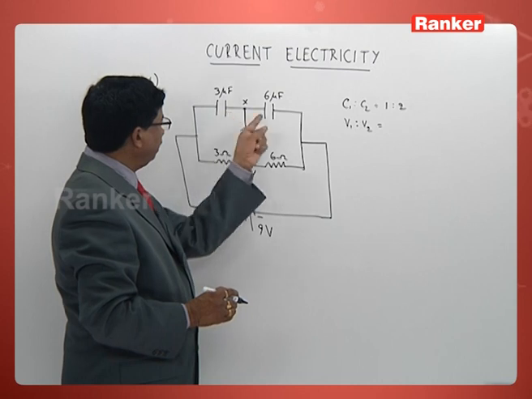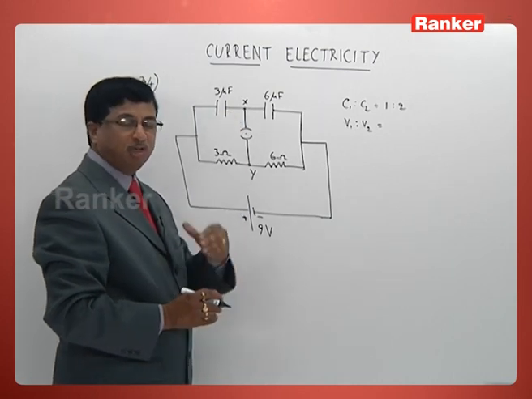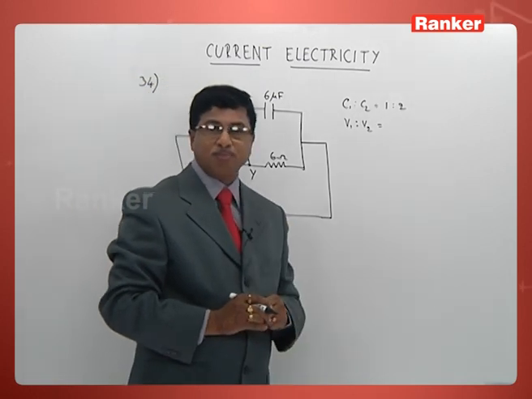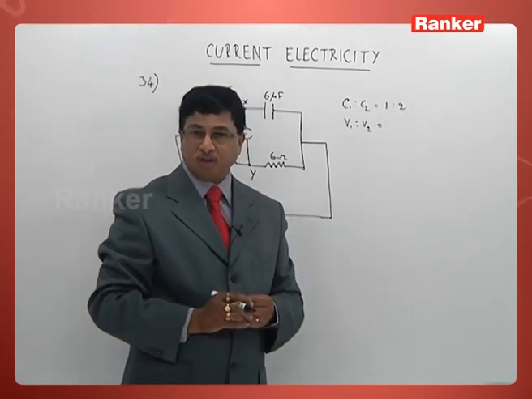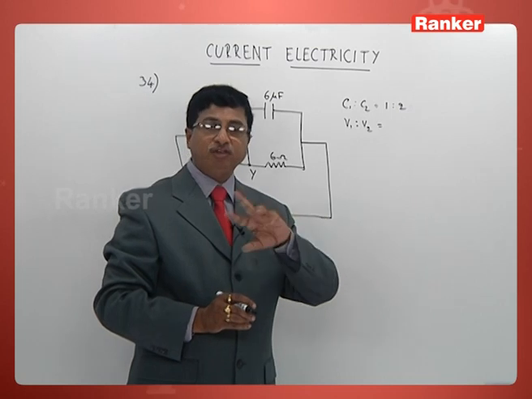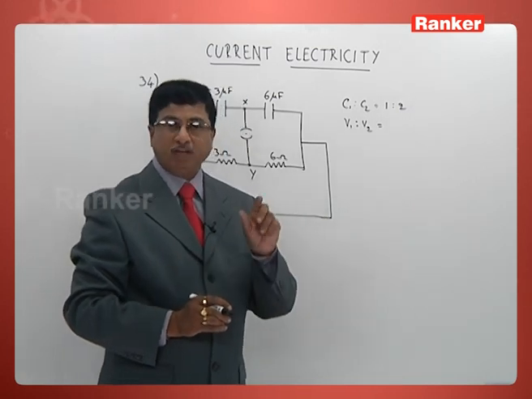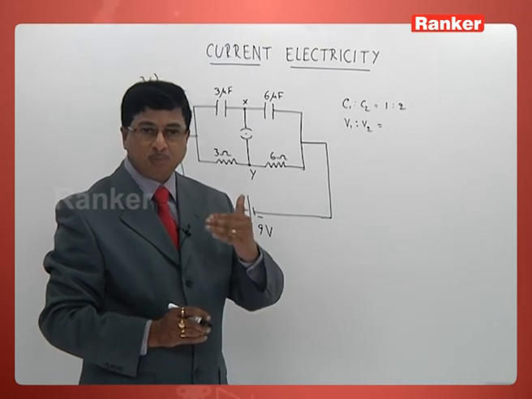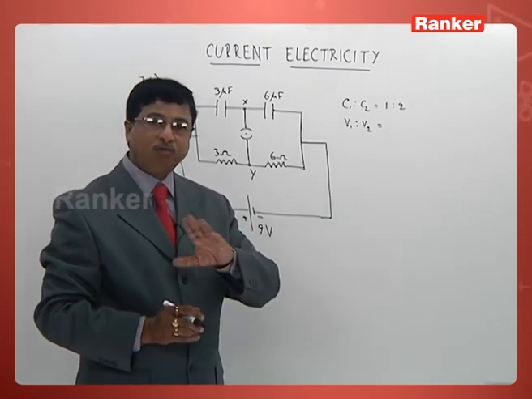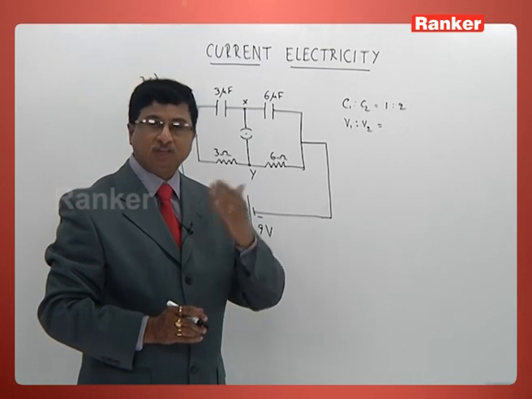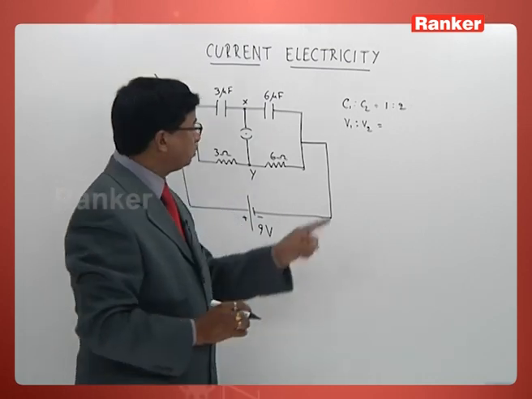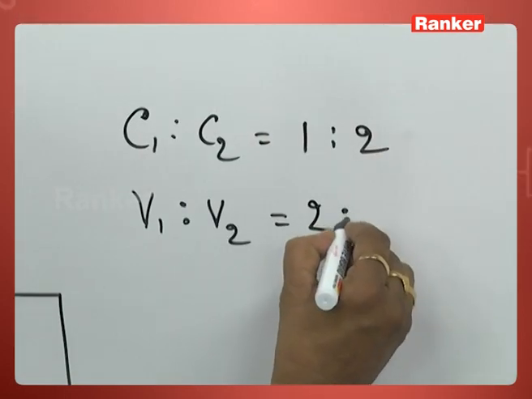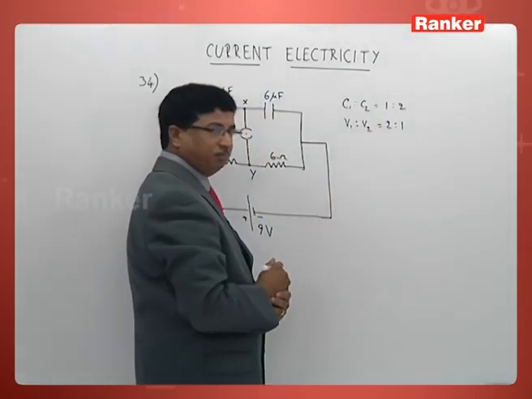Since both are connected in series, we know that the charge remains constant on them. When charge remains constant, C and V vary inversely with one another. C is inversely proportional to V, or vice versa. So V1 is to V2 now becomes 2:1.